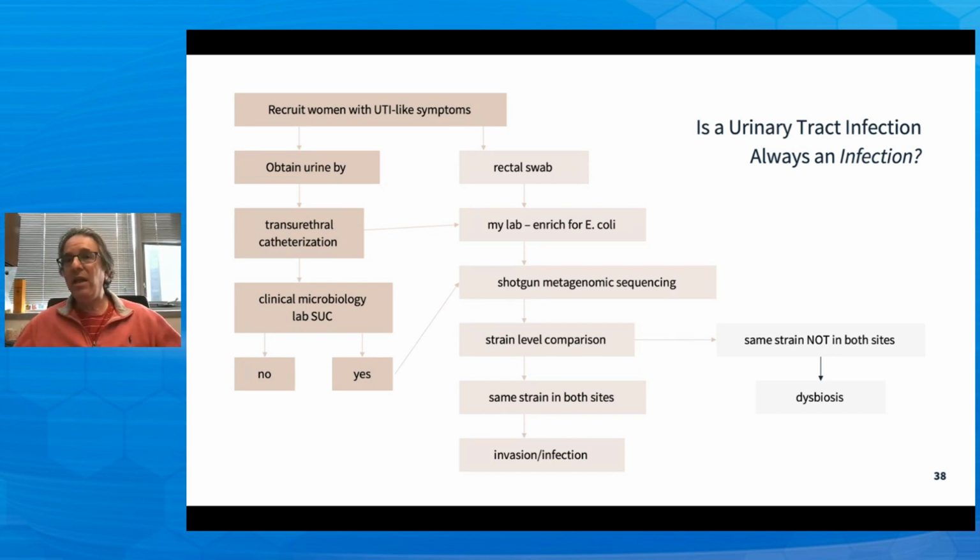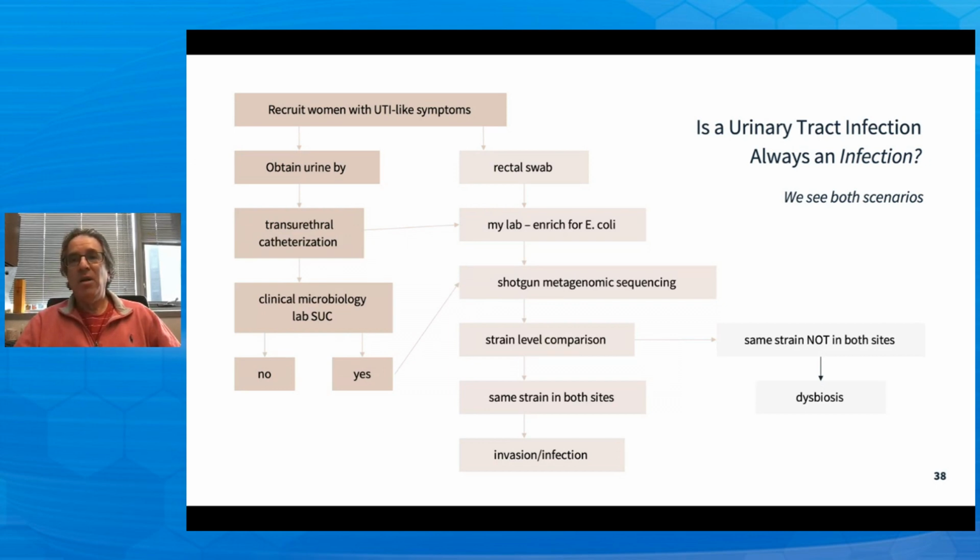There's E. coli, UTI-like symptoms, but the strains that are in the bladder do not resemble any of the strains that are in the rectal sample. Well, that's got to be a dysbiosis. We see both scenarios. So these are early days, but we have at least one case where it's absolutely certain that the E. coli in the bladder is not from the gut.